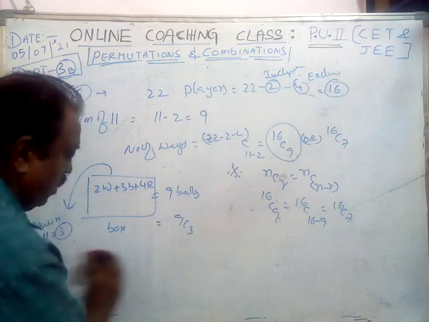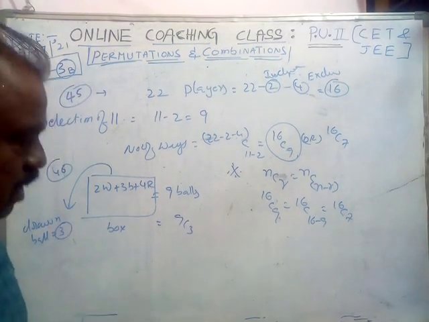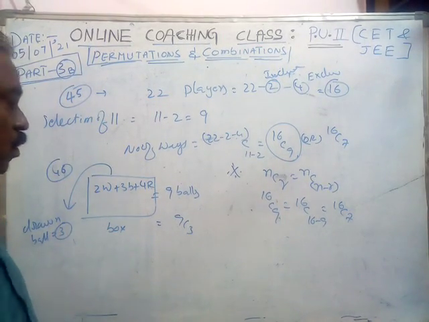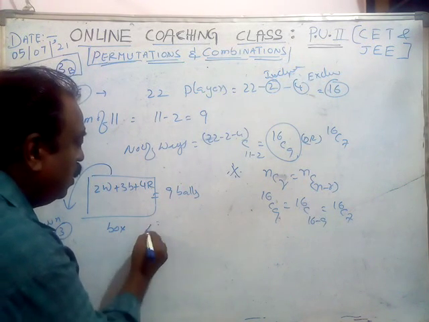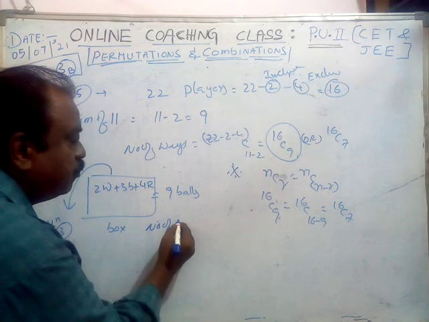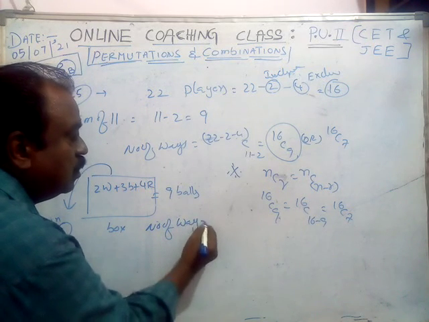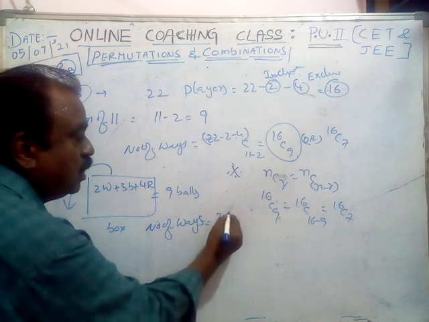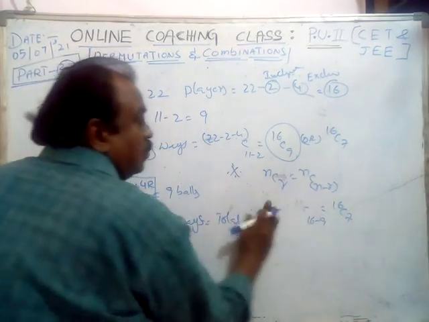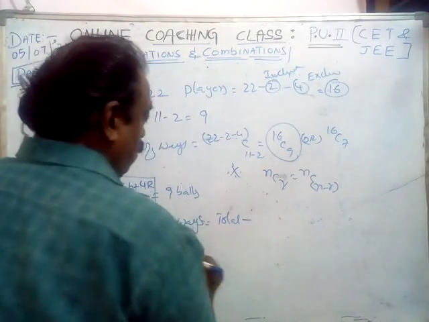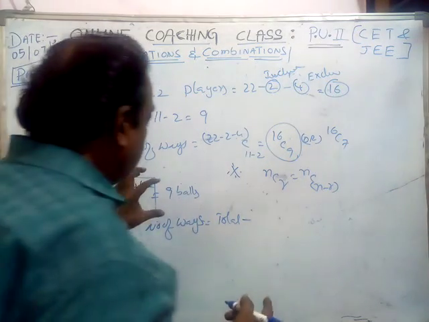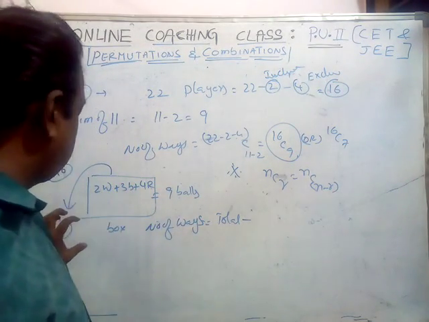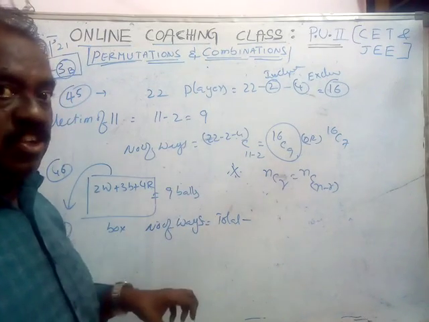So at that time, we will apply one method. Whenever the at least concept is there, you simply follow this: number of ways is equal to total minus, where total number of ways means 9C3, total without any condition. Out of 9 different balls, 3 balls drawn means 9C3.